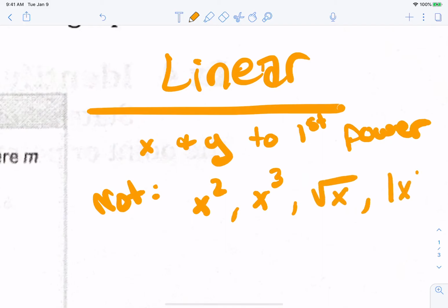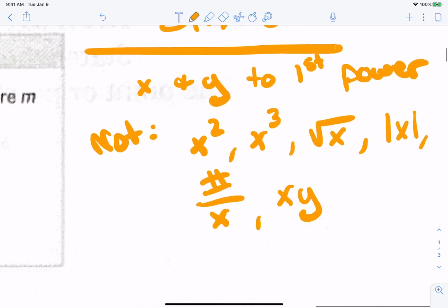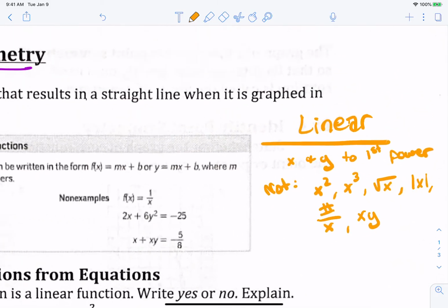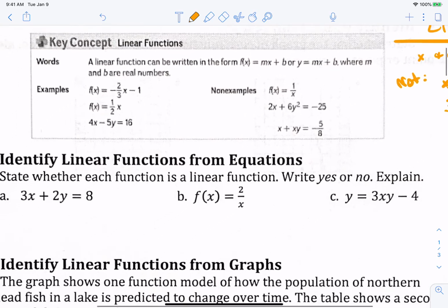It cannot have an absolute value of an x. It cannot have a number that's over x. It cannot have x times y together. It's just x and y separate to the first power. Those are not linear functions. Otherwise, they will graph certain things that are not correct.